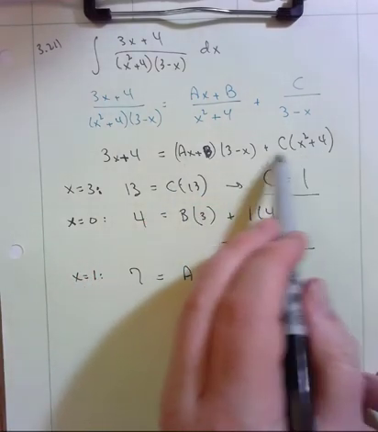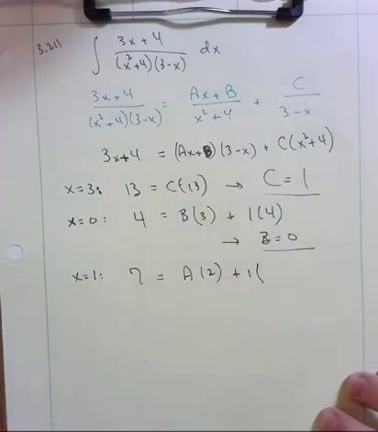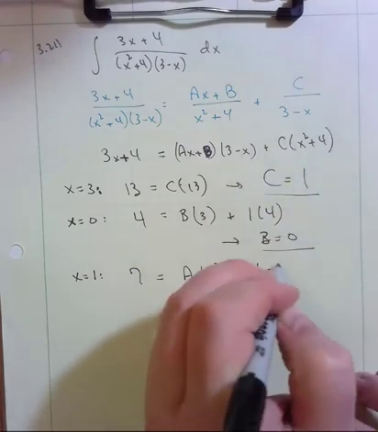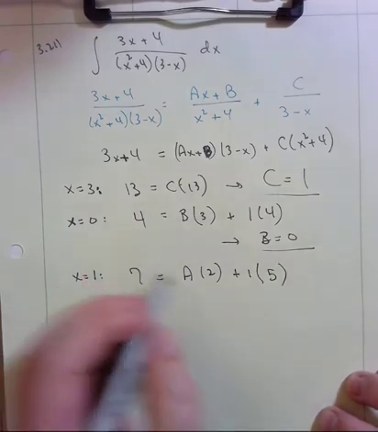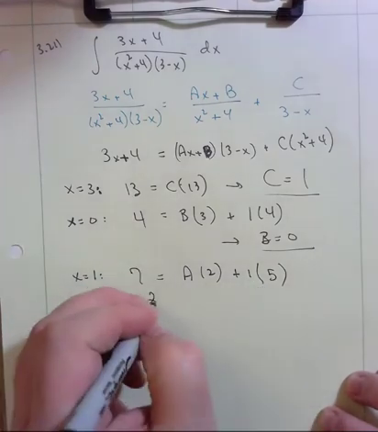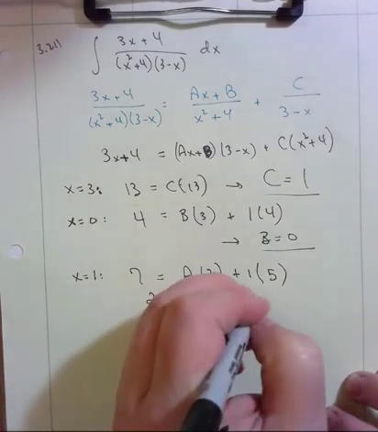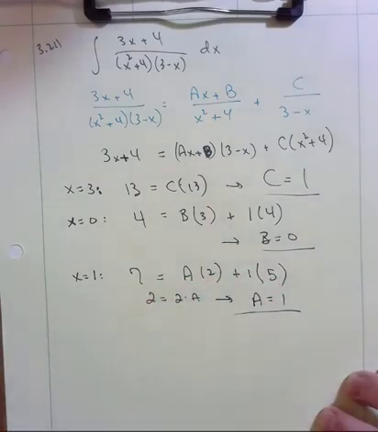And then over here, again, we know that c is 1. And when x is 1, this is 5. So here's an equation that happens to have a in it. There's a 7 and a 5. So how about 2 equals 2a? That wasn't so bad. And so now we know that a is 1.